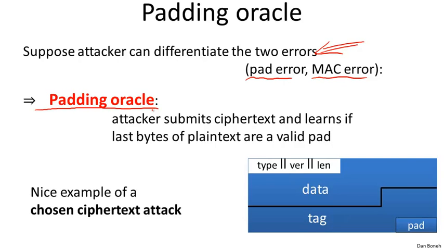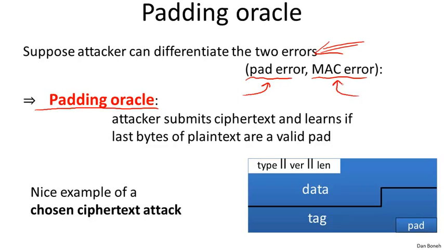If the pad doesn't have the correct format, we'll get one type of error. If the pad has the correct format, it's very likely, since this is just some random ciphertext that the adversary concocted himself, it's very likely the MAC will be incorrect, and then the adversary will observe a MAC error. So if the pad is invalid, we'll see a pad error, whereas if the pad is valid, we'll see a MAC error.